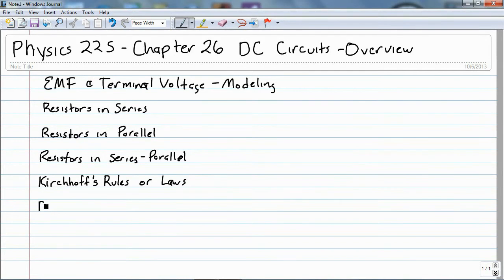We'll talk about polarity, a very important topic for us when we solve circuits. And then we'll do the branch method to solving circuits.